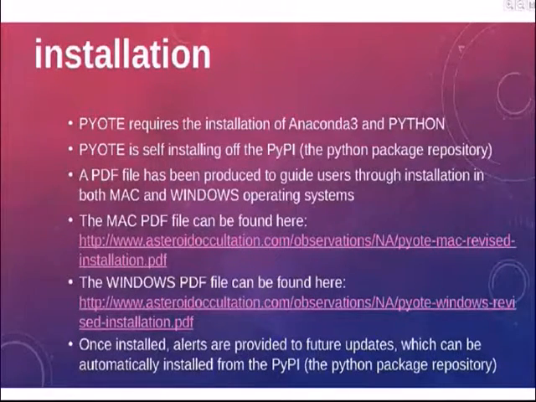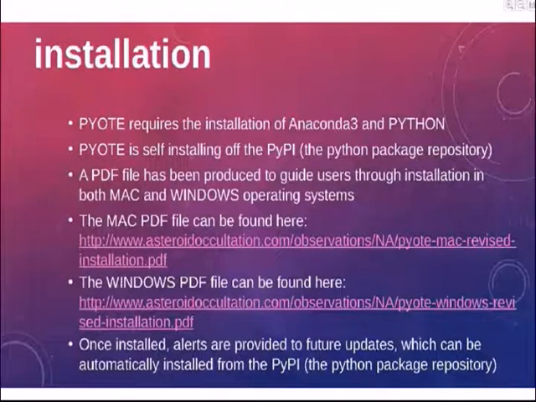So we prepared a PDF file as a user guide to install Python, and we prepared those for both Mac and Windows operating systems. I'm providing the link here on this slide, and there's also a link on Brad's North American and worldwide websites.